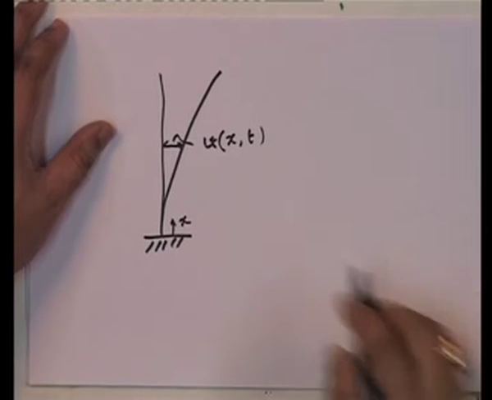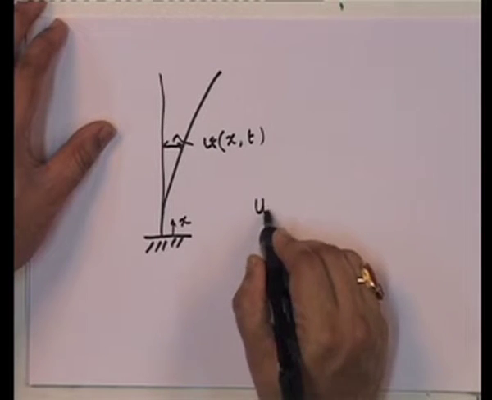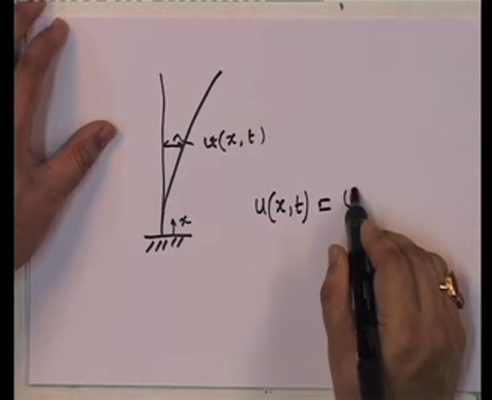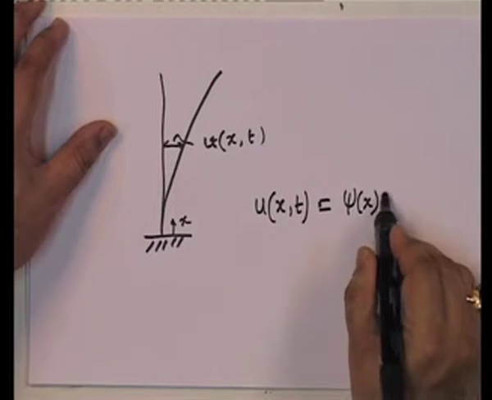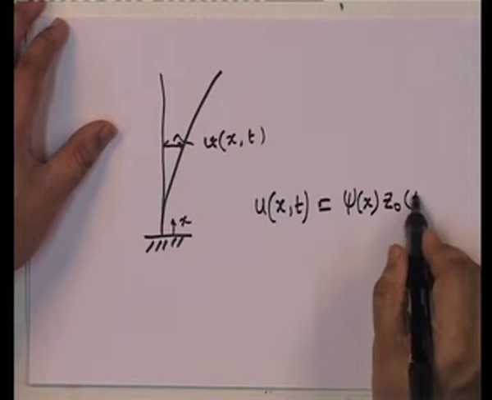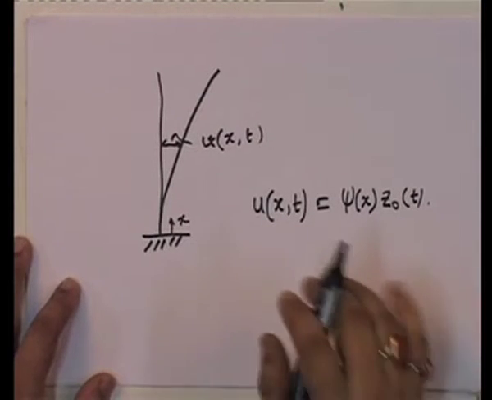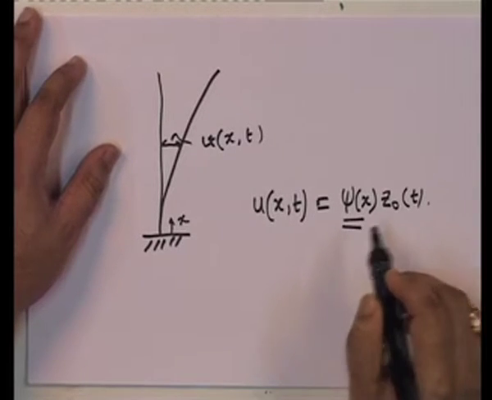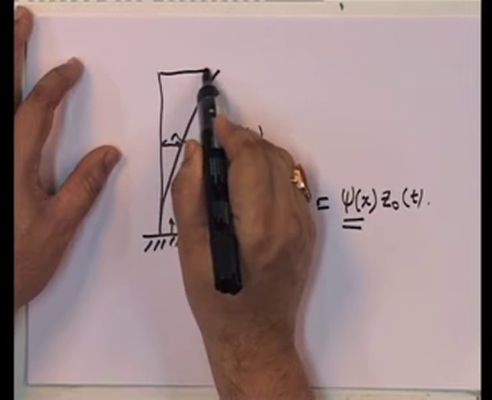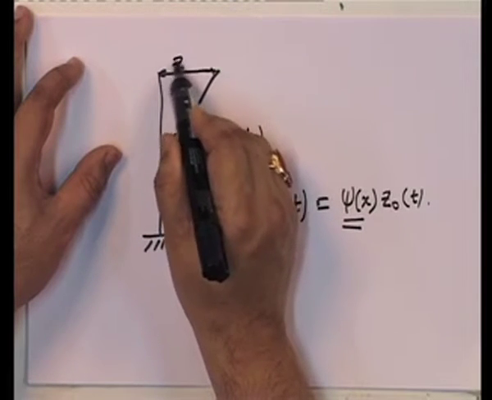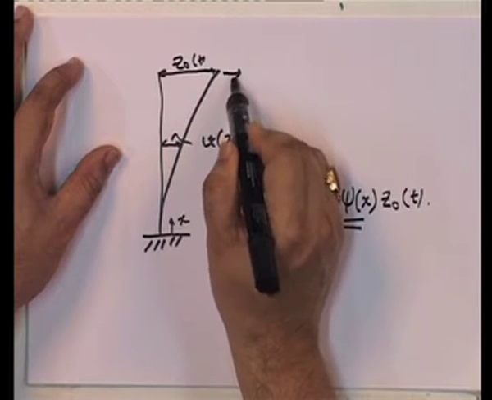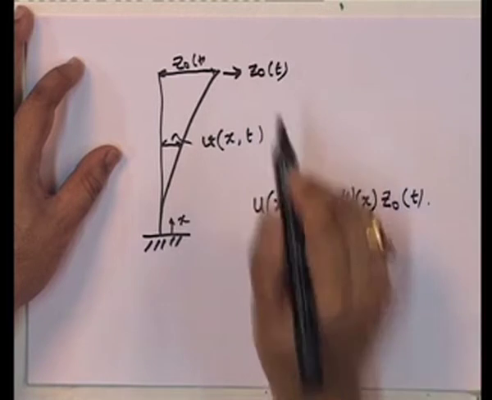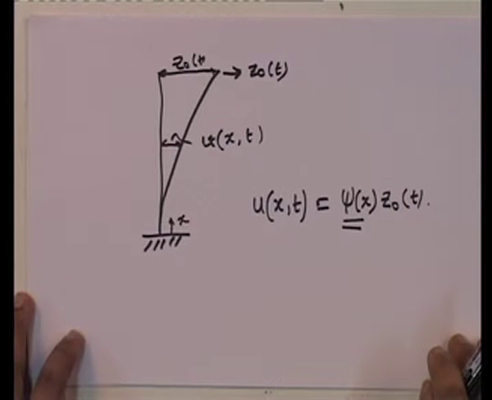Now, what we say is that this u(x,t) is given by xi(x) times z0(t), and z0(t) in this particular case I will define as this displacement. So, that is z0(t). The degree of freedom is z0(t).